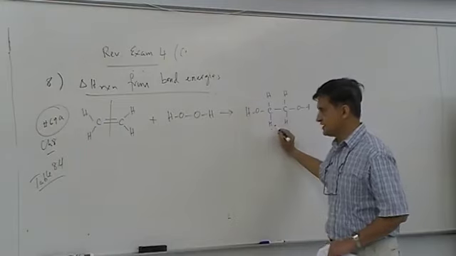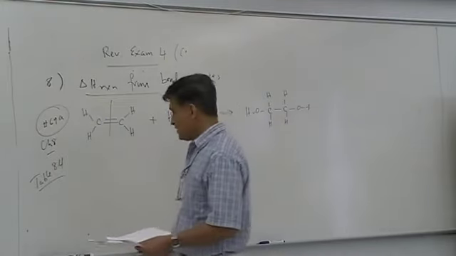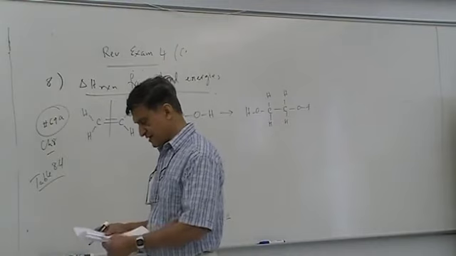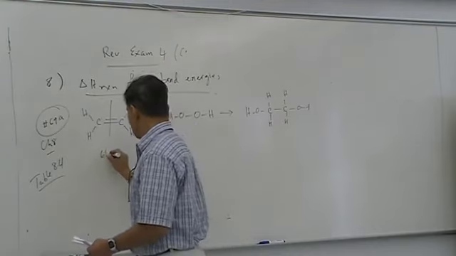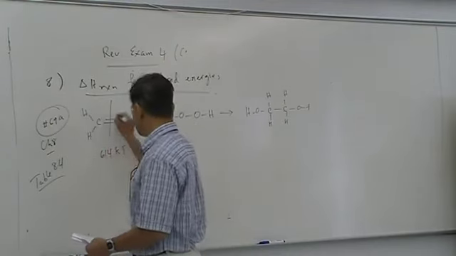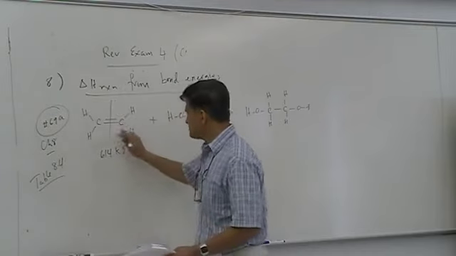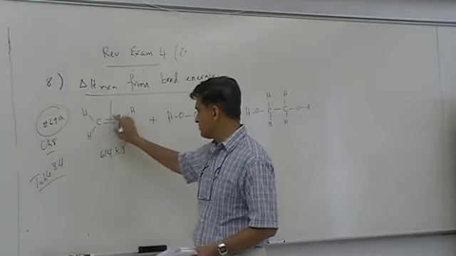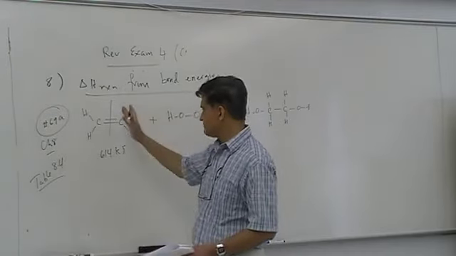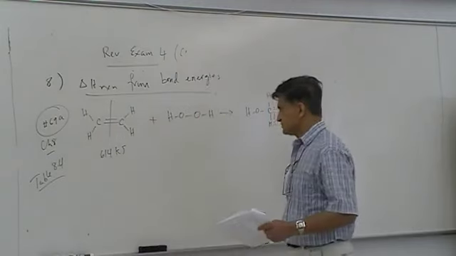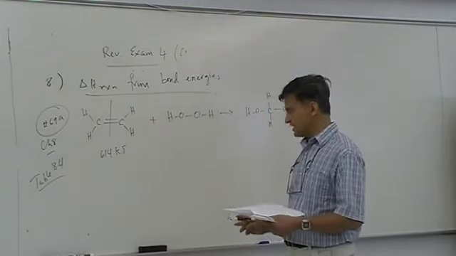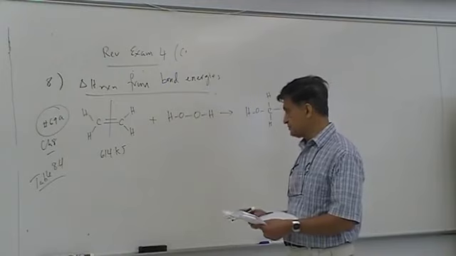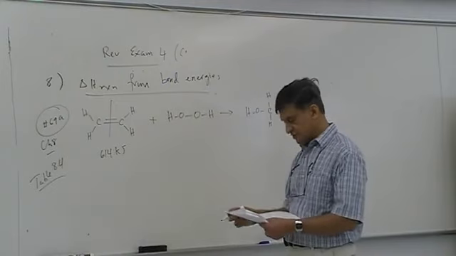That tells me that I need to break this bond. From that table, I find out that it needs 614 kilojoules of energy to break this double bond. You cannot just break one bond out of two. When you need to break it, break the whole thing. So carbon-carbon double bond breaking energy is 614 kilojoules per mole. And that's assumed that we are using per mole.